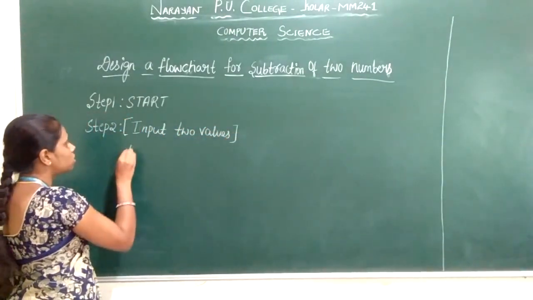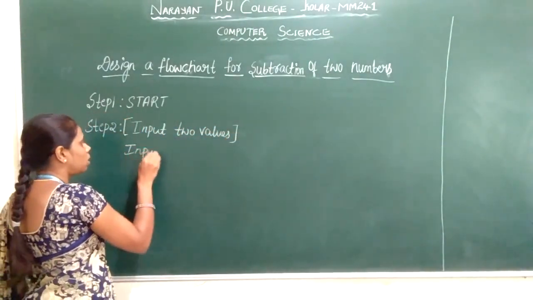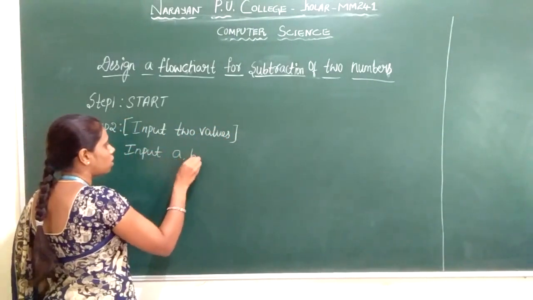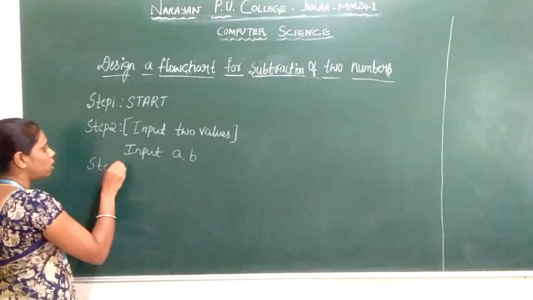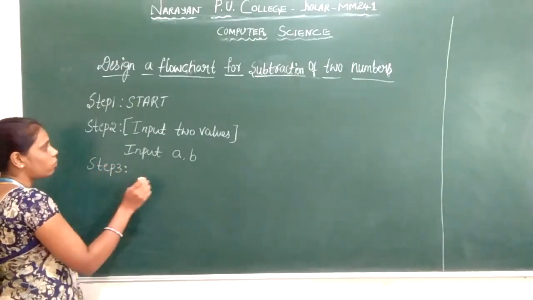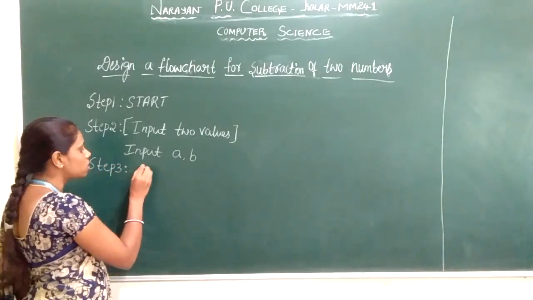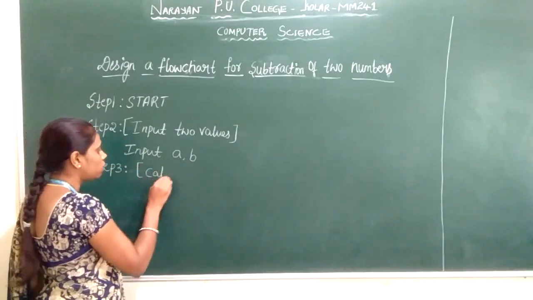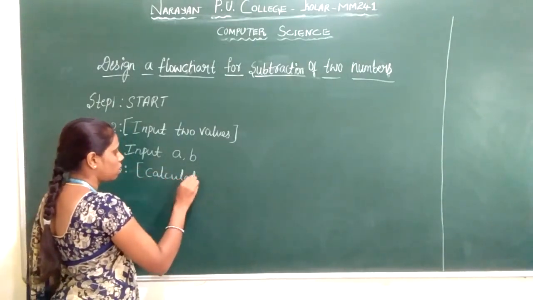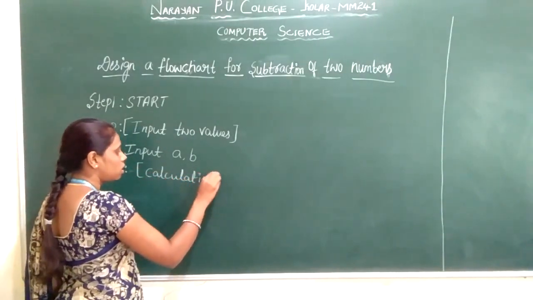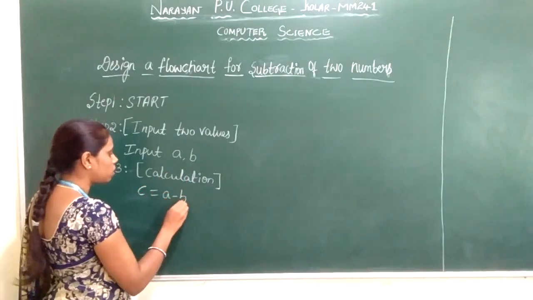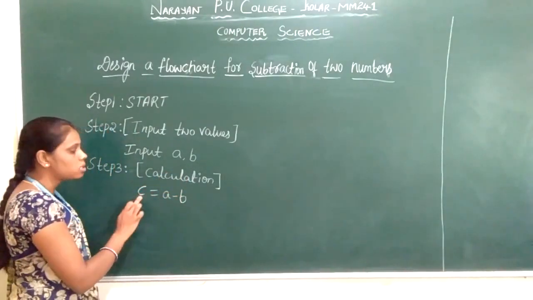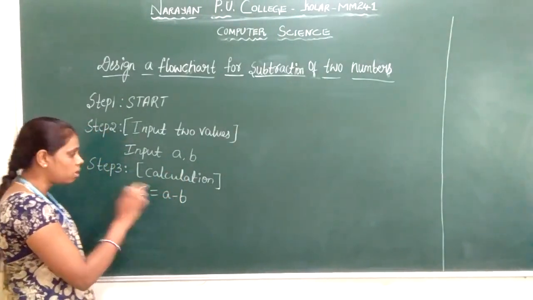Input A and B. In the next step, we are writing logic for subtraction of two numbers, that is calculation. For subtraction we use the symbol minus. C is equal to A minus B.